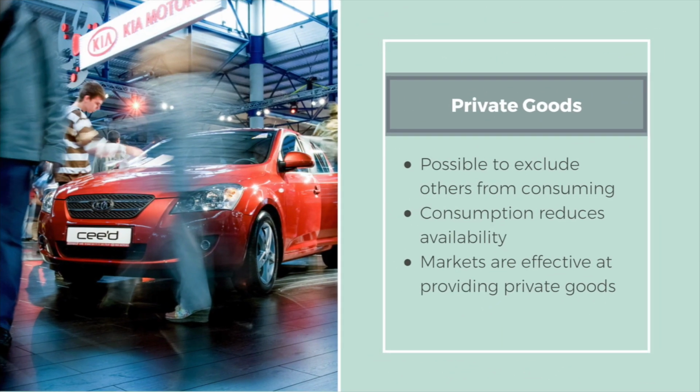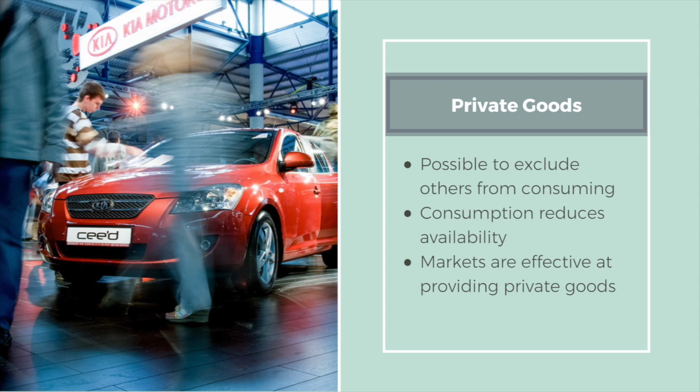Most of the things that we want and need, like my bicycle, are purchased on the free market in this way. Private businesses produce goods or services that people want, and people make choices to purchase what they want and what they can afford. These kinds of goods are called private goods. They're private because it is possible to exclude others from consuming them, and because consumption reduces the availability of these goods.